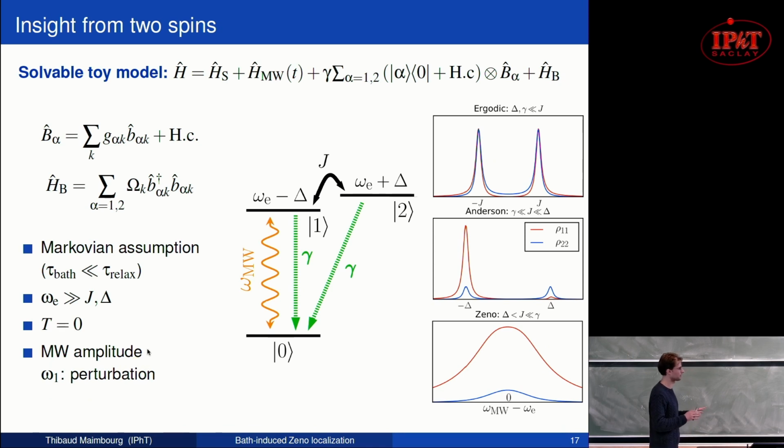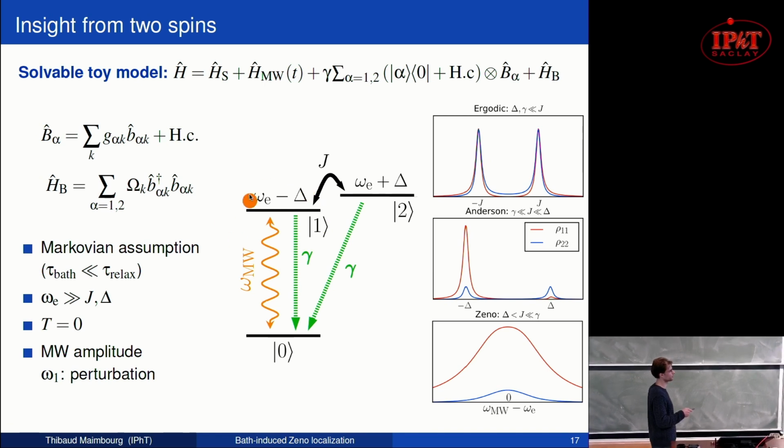And then you can get the steady state of the system, which I plot on the right. You can look at the population of level 1, this red thing, rho 1,1, and the population of level 2, rho 2,2. Basically, what you expect is that there is the bath that wants to populate the ground state, and then you have the microwaves that try to balance the population and make this state populated.